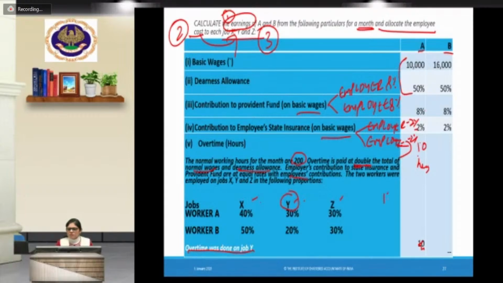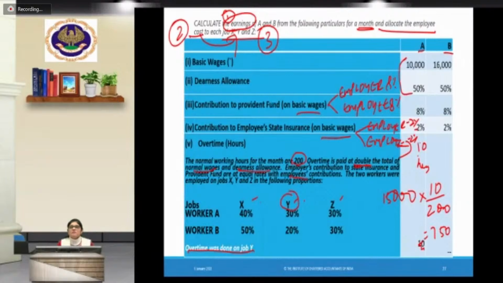Now 15,000 is for 200 hours. You have to calculate for 10 hours. So 15,000 into 10 divided by 200, which comes out to 750. Clear? 750 for 10 hours for A.